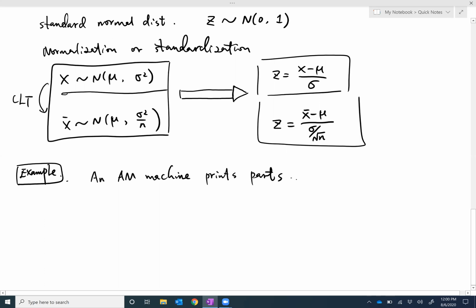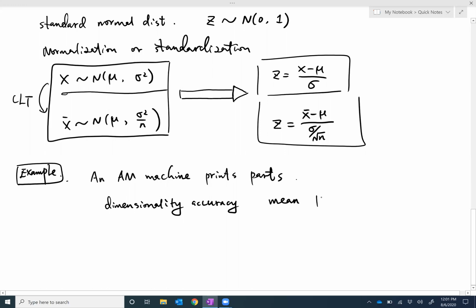And we assume this machine will produce the same parts, maybe 100 of them or many of them. Now, we assume the mean dimensionality accuracy.